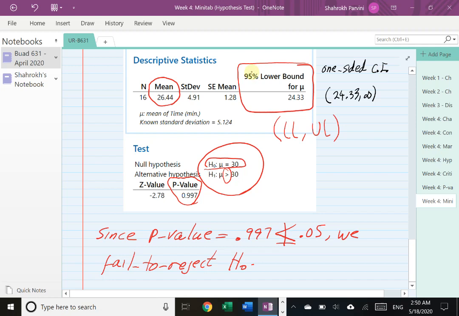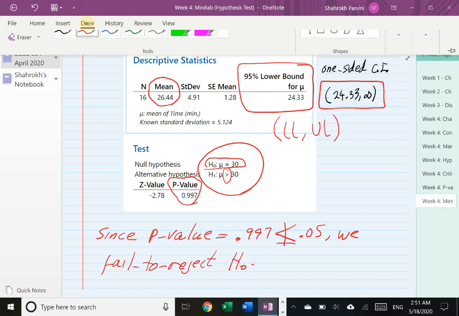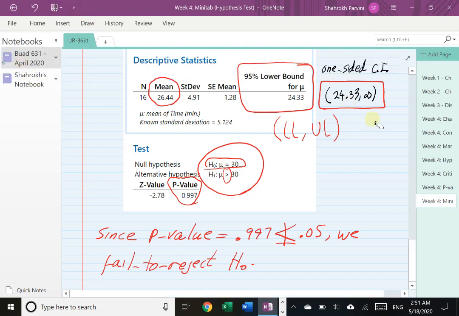And it gives you a 95% lower bound for the mean, which is 24.33 minutes. So this is actually what the confidence interval looks like. There is no upper bound because of greater than. Okay, so I just want to point that out, because Minitab actually gives you that, so that's why I want to touch up on that.